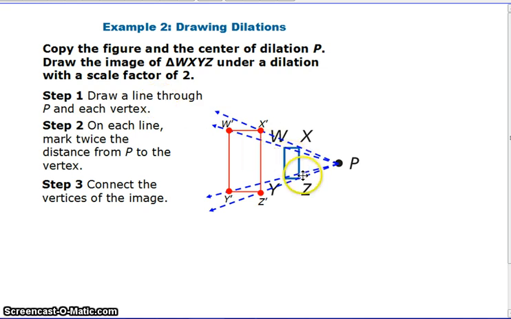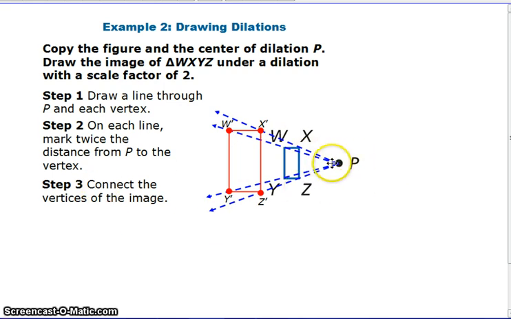So basically, what you do is draw a line through P because they're giving you this center of dilation at P. So you draw a line from P through each vertex and just extend it out. Just jet those lines out, kind of like we did with vectors.